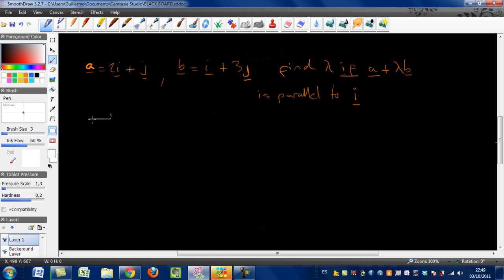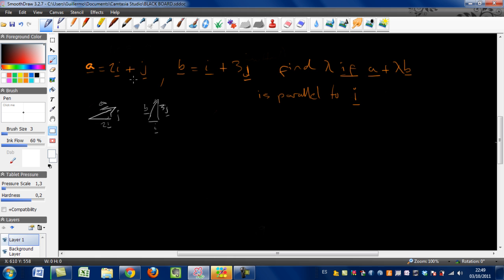This is our vector, this is our 2i, and this is our j. And then we have another one which looks like 1i and 3j, so that's much more steep. So this is our vector b, and this is our vector a.